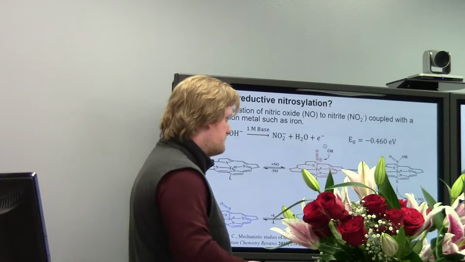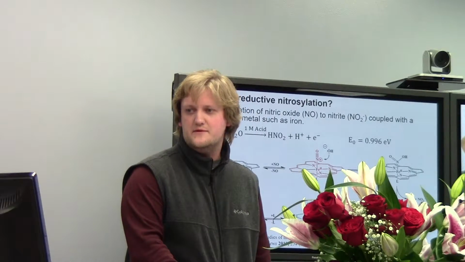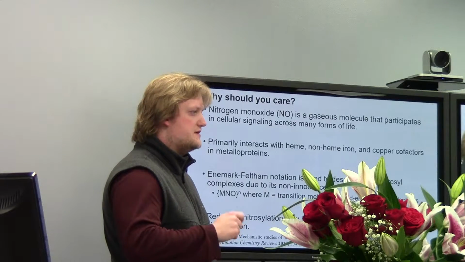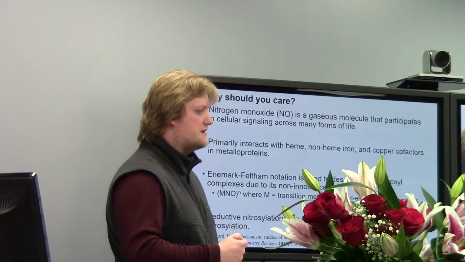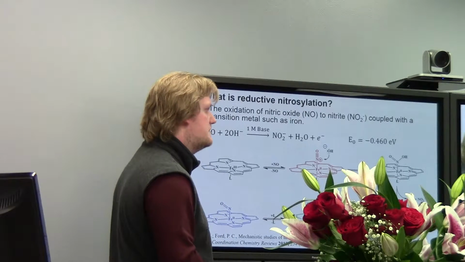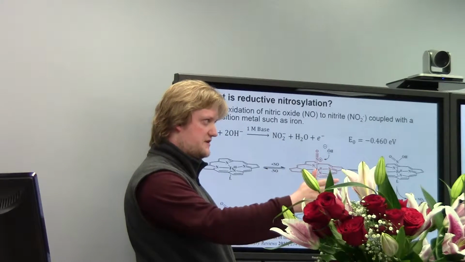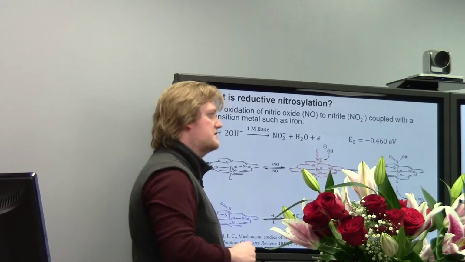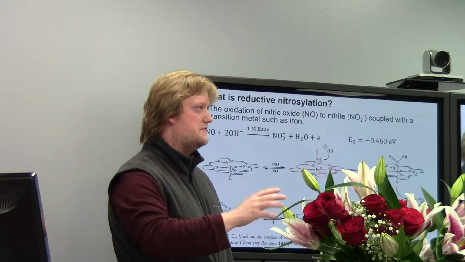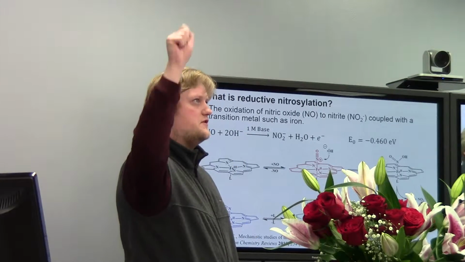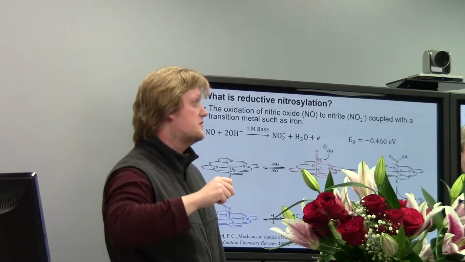However, one thing I skipped because of time, and I can quickly educate, is NO is known as a non-innocent ligand. That is to say that it is difficult to discern the oxidation state of this iron center. So I may start with an iron 3, but the actual formal oxidation state of that iron can be iron 3 or iron 2 depending on where the pi star anti-bonding electron resides.